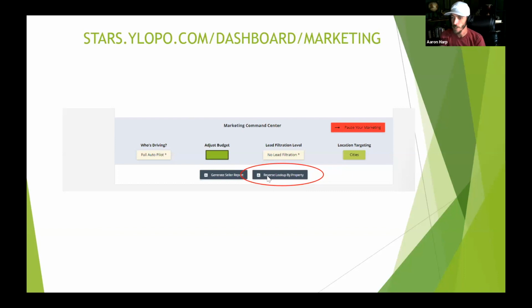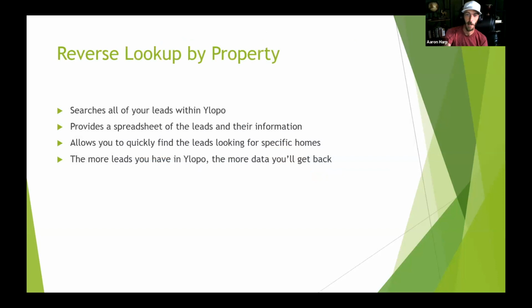Once you click on reverse lookup by property, it's going to pull up a form for you. We'll take a look at that form, but this is what the reverse lookup by property is going to do. Like I said, it searches all of your leads in Ylopo. Once it finds those leads that are looking for that home, it's going to give you a spreadsheet with that lead's information.